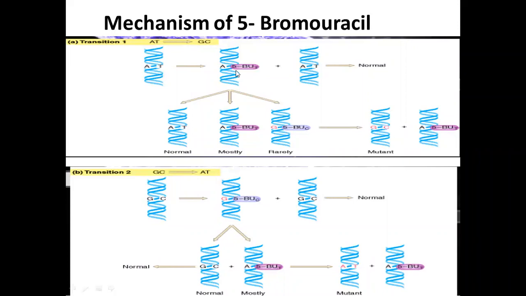So it's going to form bonds with the adenine. And then we have also this example of the transition that happens between guanine and the 5-bromouracil, as explained in the earlier example.